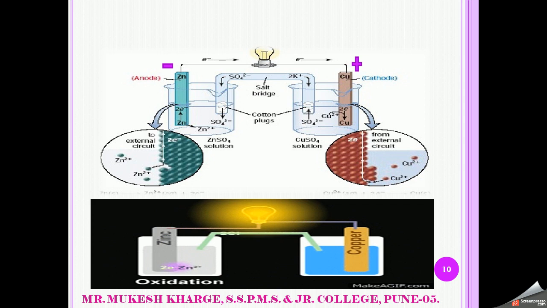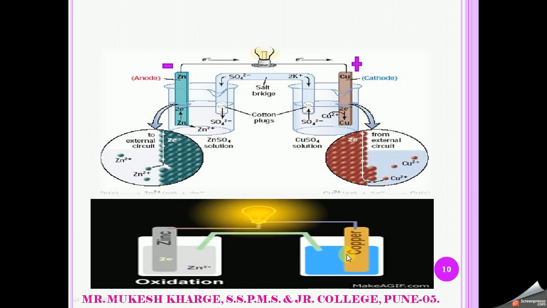If you observe this diagram carefully, the zinc electrode gives Zn2+ ion by loss of 2 electrons. As electrons are lost by the zinc electrode, the electrode becomes negatively charged. These electrons get transferred through the external circuit to the other electrode, where they are gained.